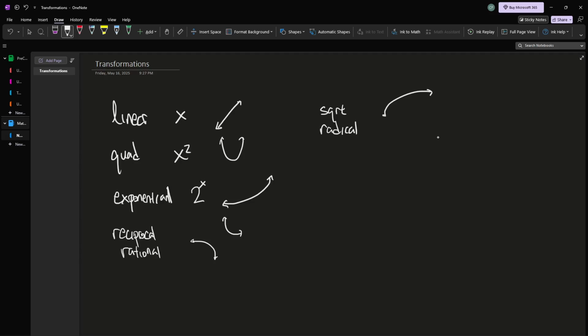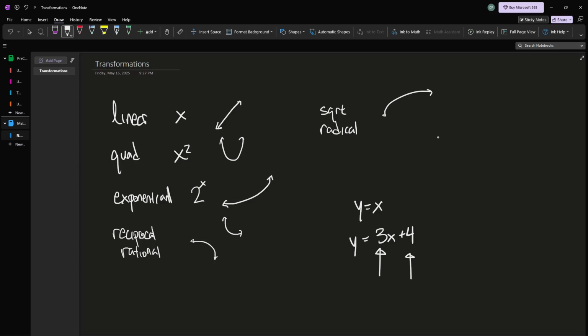And especially with the linear one, we've done a lot of stuff with linear functions, not just in this unit, but in previous units and previous years as well. So we have this function like y equals x. You've definitely graphed this at least a dozen times. But you haven't only done y equals x. You've also done y equals 3x plus 4, where we have different values added to the function.